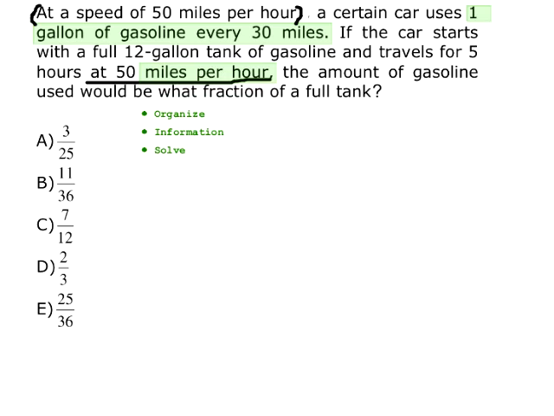So the green things up there are conversions. You can use the first one to go from miles back and forth to gallons. If you have either one of those, then you can find the other one. And also if you have miles, then you can go back and forth with hours using the second one. And these two things are not rates, they're just numbers. So as far as organizing the process here, you start with 5 hours.